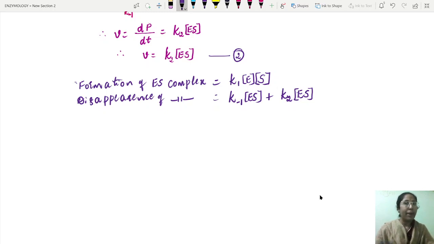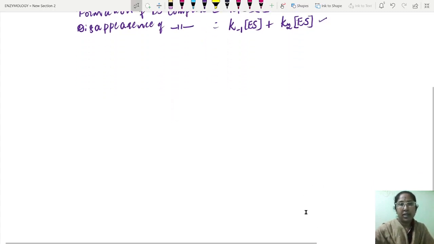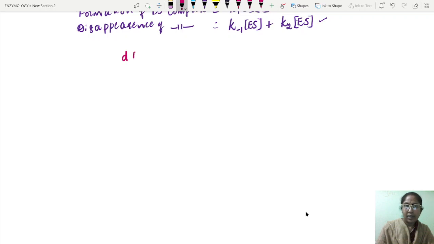So I am repeating, the rate of the production of the ES complex at any given time depends on the difference between the formation of the ES complex and its disappearance. So the rate of the formation of ES complex, d[ES]/dt, is equal to the difference between the formation and disappearance.